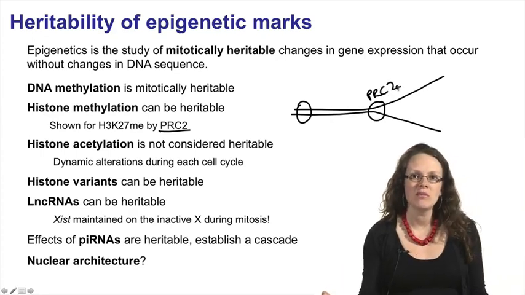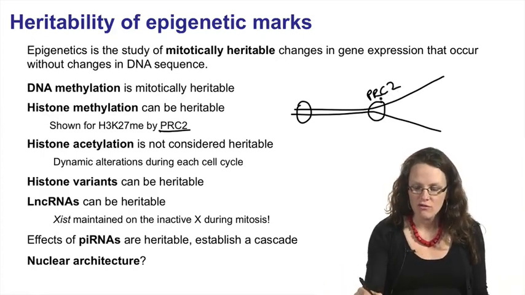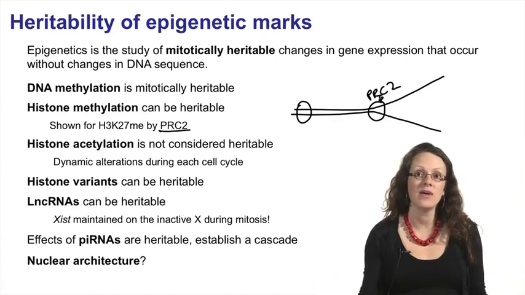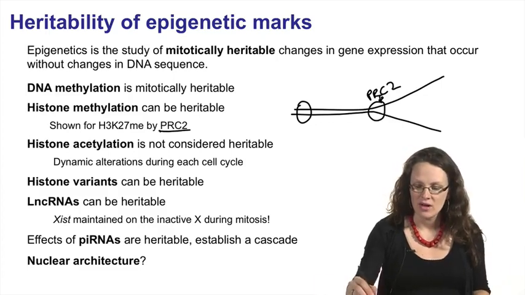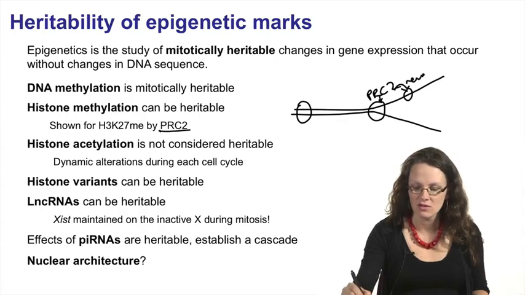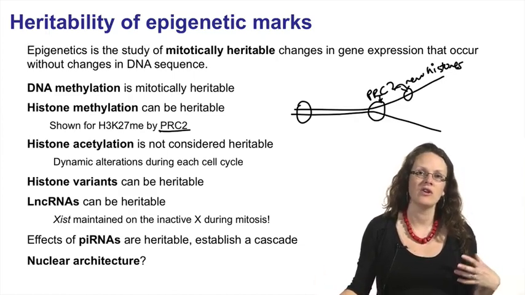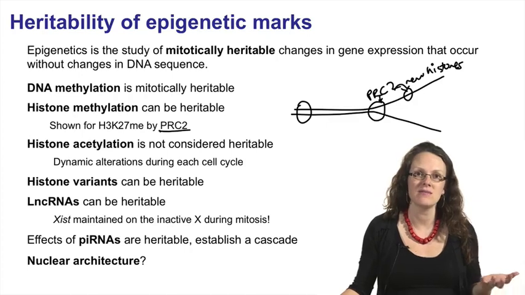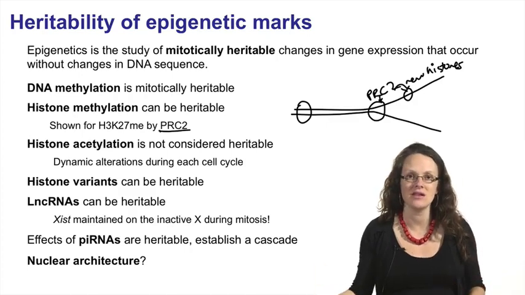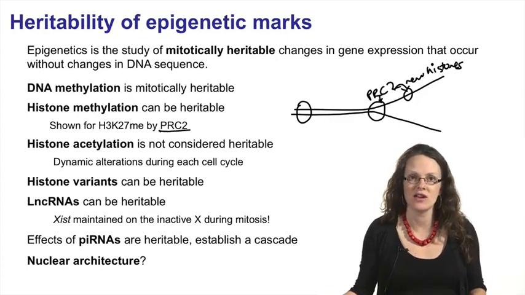So when it's sitting at the replication fork, it can both recognize the parental nucleosome and recognize that it has methylation at H3K27, but it can also lay it down onto newly forming histones. We don't know many of the details for how this occurs, but we do know that it works partly because PRC2 recognises both the methylated and unmethylated residues, and because of its location at these replication forks.